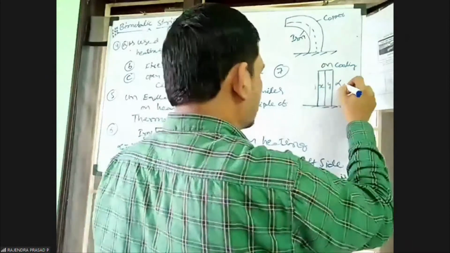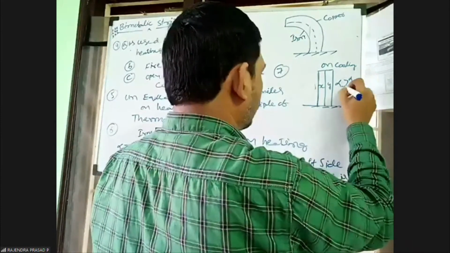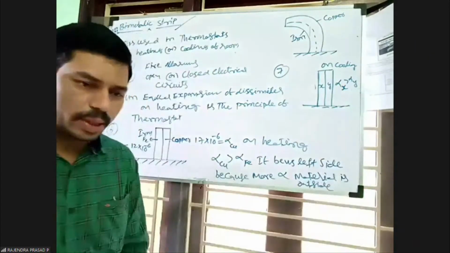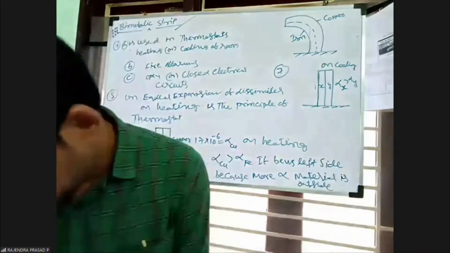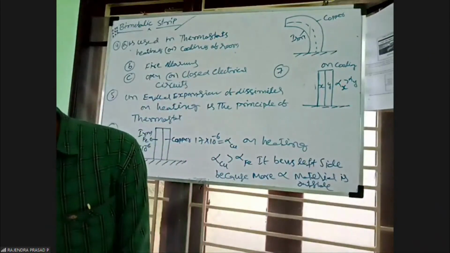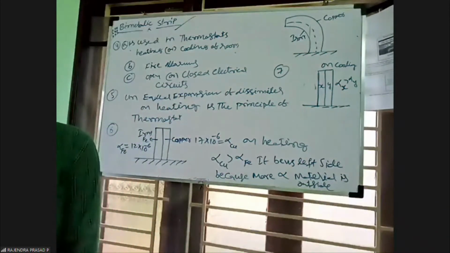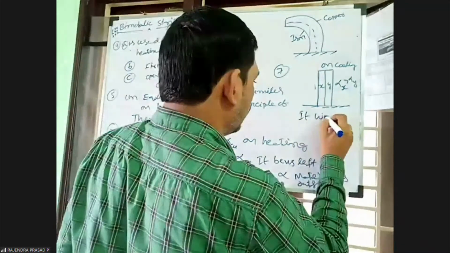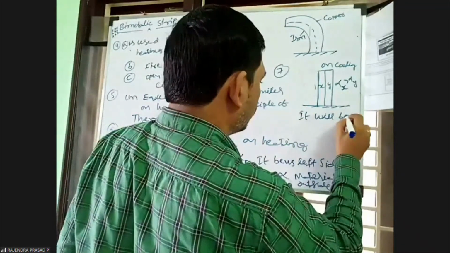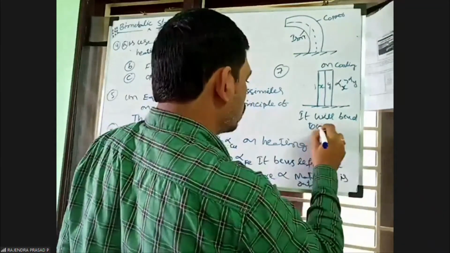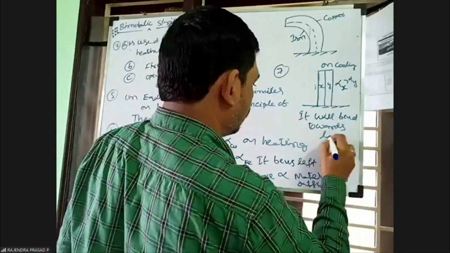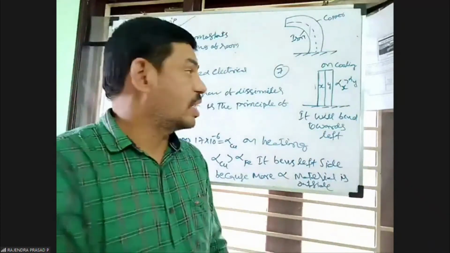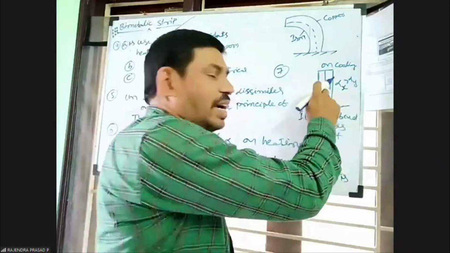Which side is bending? Left side. It will bend towards left, because the alpha value is greater.